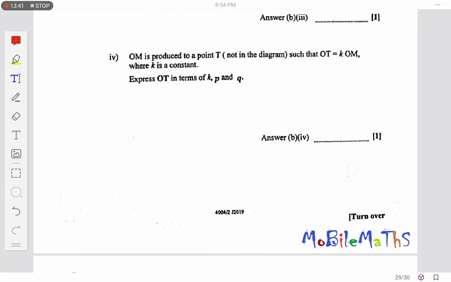So the next question is telling us that OM is produced to a point T, which is not on the diagram, such that OT is equal to K OM. So we want to find OT. Basically, here I can say OT is equal to K OM.